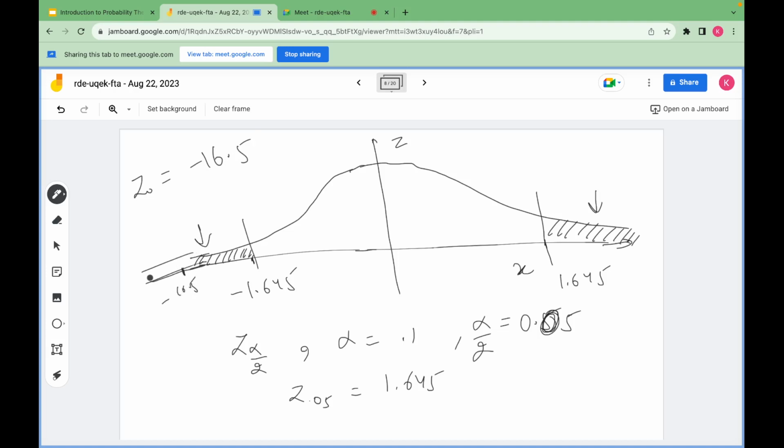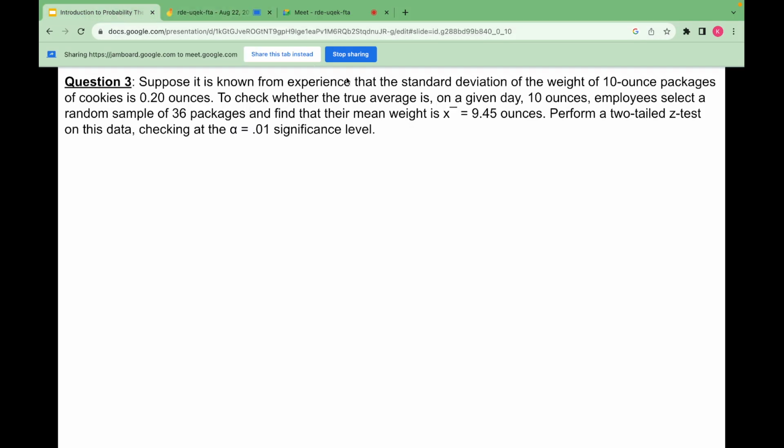So this is coming in the critical region, that's why we reject the null hypothesis, as z naught is less than minus z alpha by 2. Okay, moving to the next question.